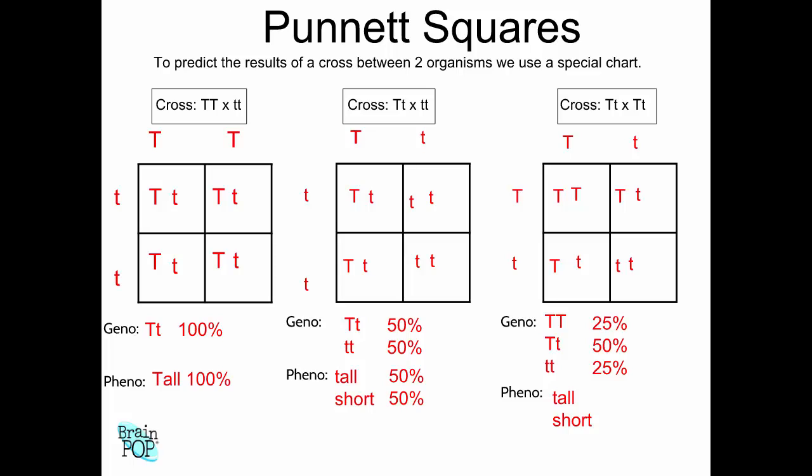Because the homozygous dominant is 25%, and then the heterozygous is 50%, but the dominant takes over the recessive, so it'd be both heterozygous and homozygous dominant. Yeah. So we have 75% between the homozygous dominant and heterozygous. Very good. And because the phenotype of heterozygous will always be the dominant trait, we have 75% being tall.